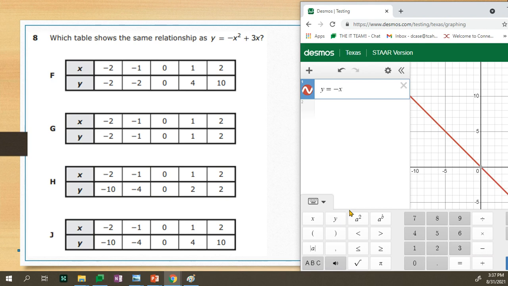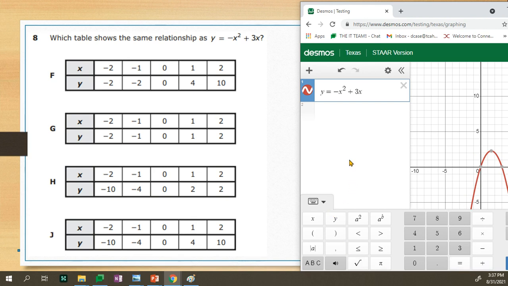And you can do a squared with this button here. You can also use the caret mark, which is the capitalization on the 6 on your keyboard. And then just kind of arrow out of that to get out of the squared. And then type in plus. You can use the plus on your keyboard, or you can use it down here, 3x.